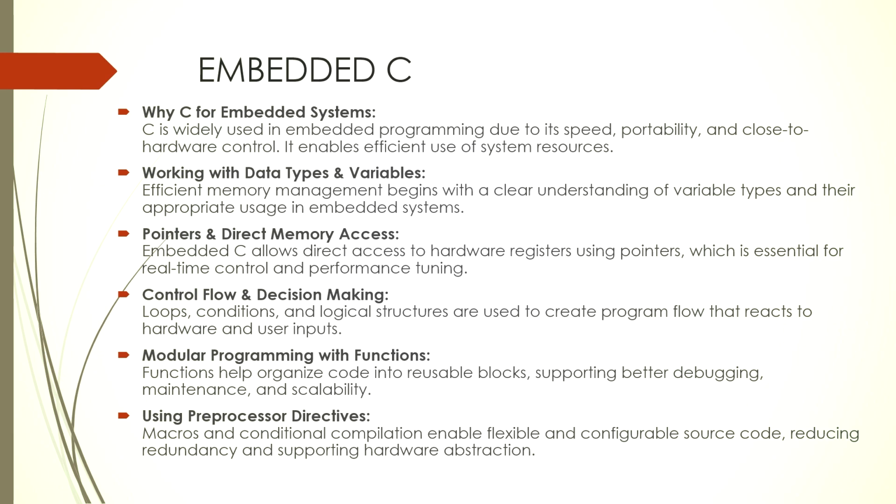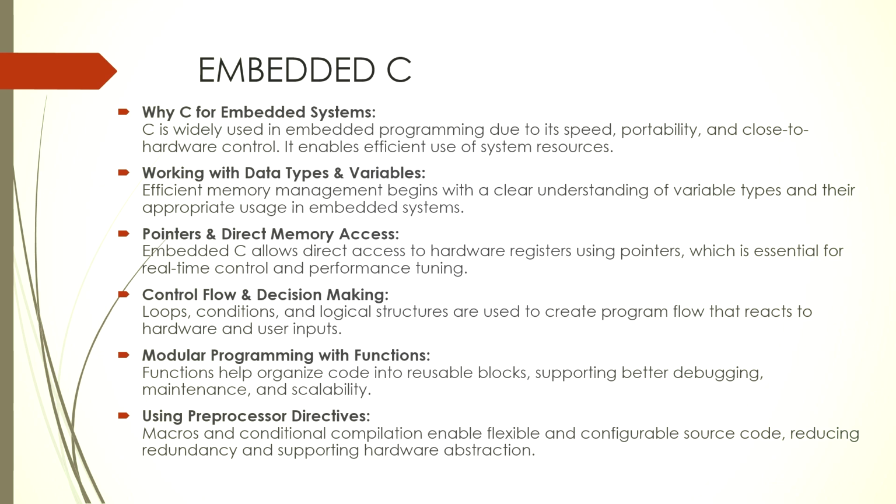performance tuning. Coming to the point of control flow and decision making, loops, conditional statements and logical structures are used to create a program flow that reacts to hardware and user inputs. Like the while loop, which is considered to be the super loop, takes care of ensuring the control flow, as well as the if-else conditional statements help us in making decisions.